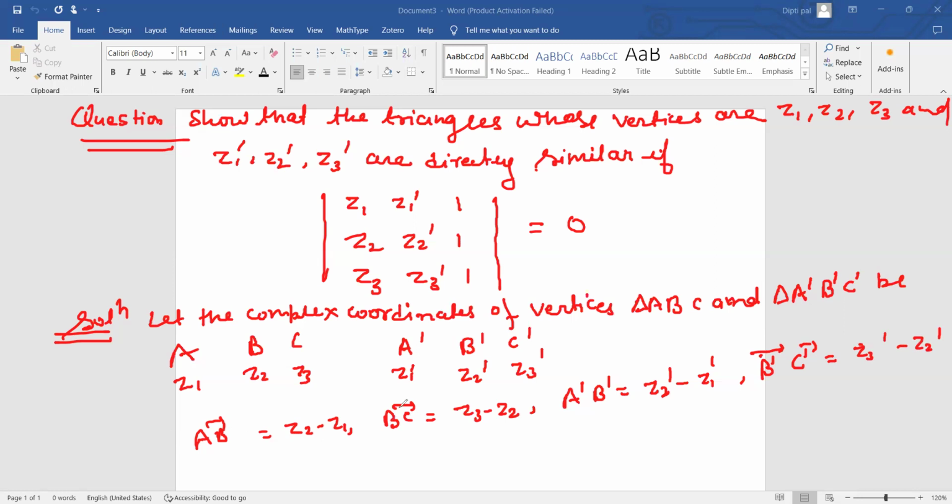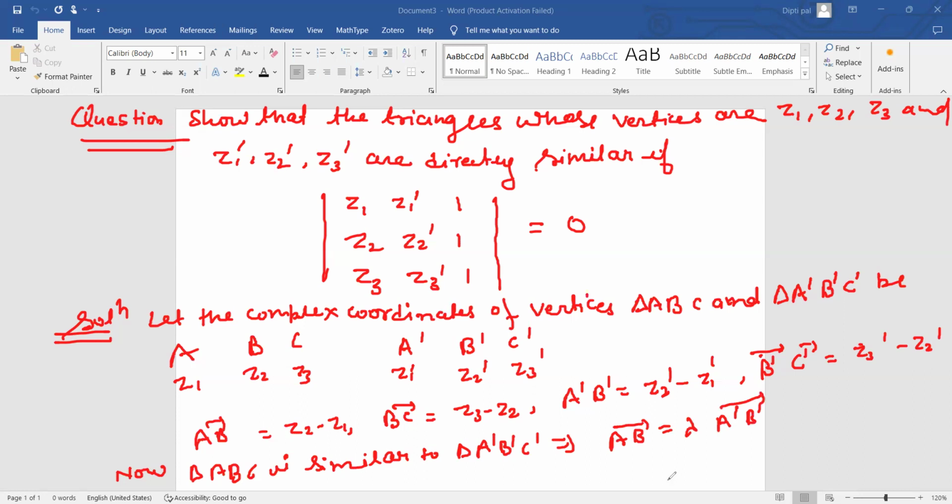Now triangle ABC is similar to triangle A dash B dash C dash. This condition gives that both triangles are similar. So this implies that AB will be lambda times A dash B dash. Likewise, BC will be lambda times B dash C dash. Okay.